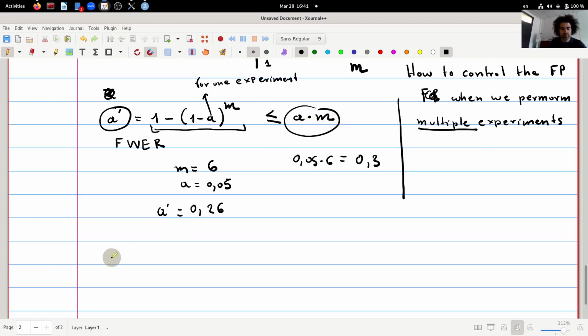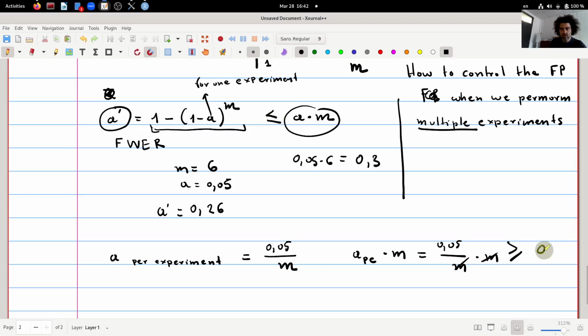Now, if we set as alpha per experiment a value that will not be 0.05, but will be, for example, 0.05 divided by m, then we will have that alpha per experiment multiplied by m will be 0.05 divided by m multiplied by m, which will be greater, based on this inequality here, than alpha prime.